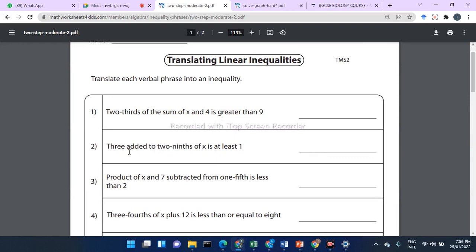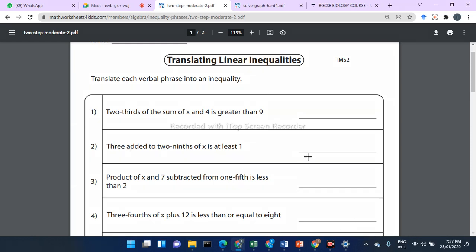3 added to 2/9 of x is at least 1. So 3 plus 2/9. 3 added to 2/9 of x. Was that complicated? 3 plus 2/9.